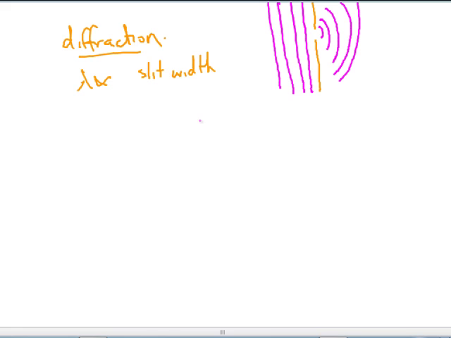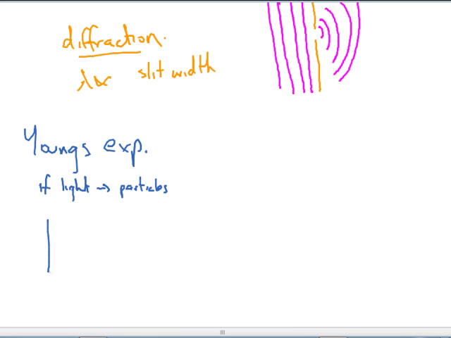Okay, so this understanding of diffraction and how light spreads out, waves spread out, pave the way for explaining Young's experiment. So if light was particles, then what we would have expected from the double slit experiments is light coming in.